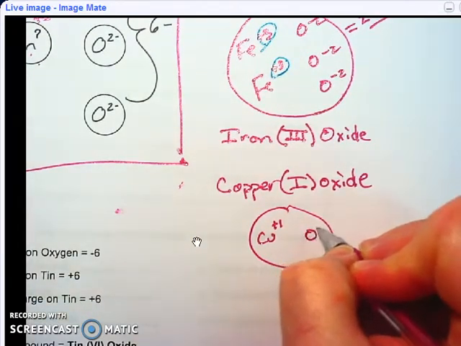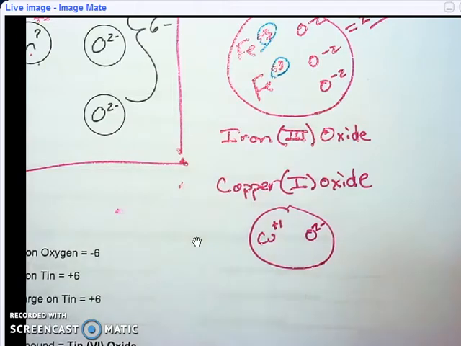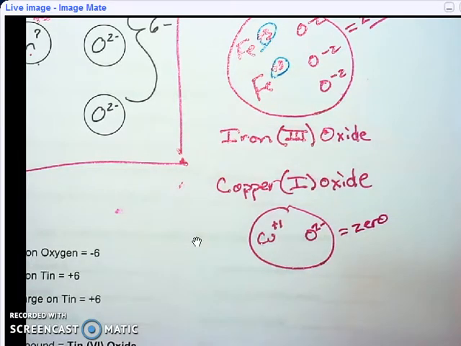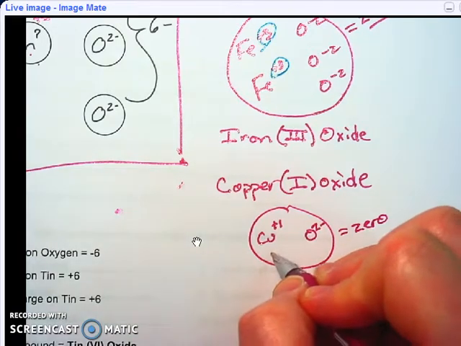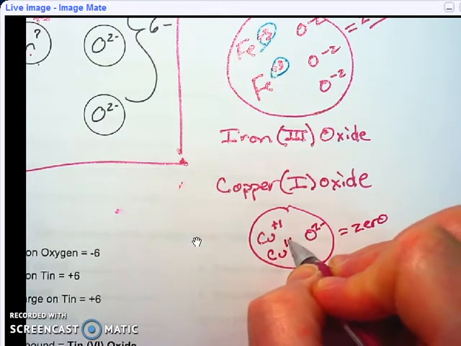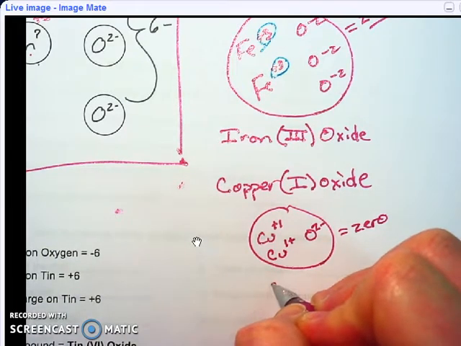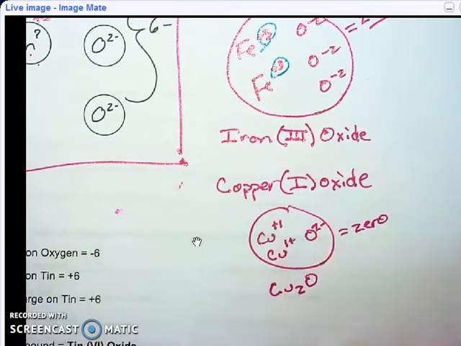My oxygen has a -2 charge. The whole thing has to equal 0. So what am I going to add? I have to add another copper, right? So what's the formula? Cu2O.